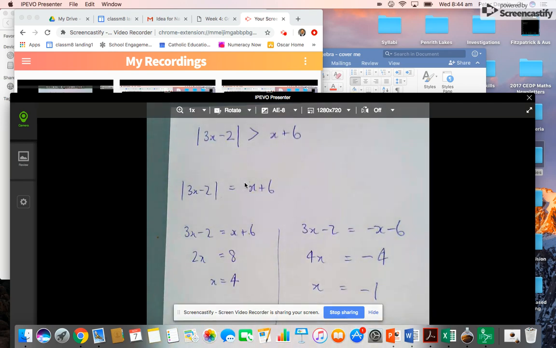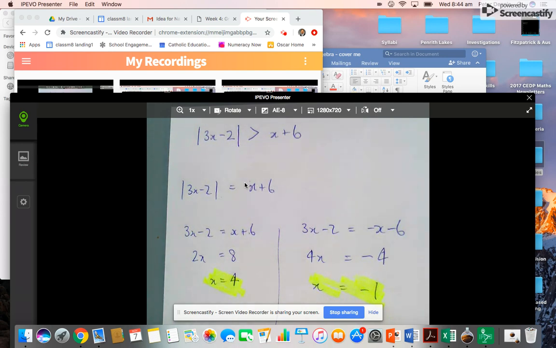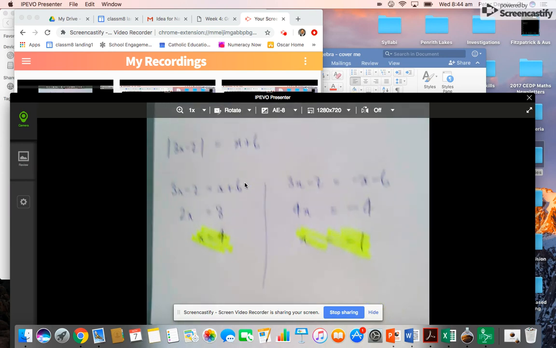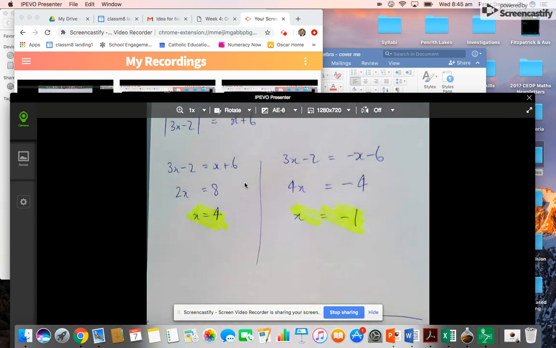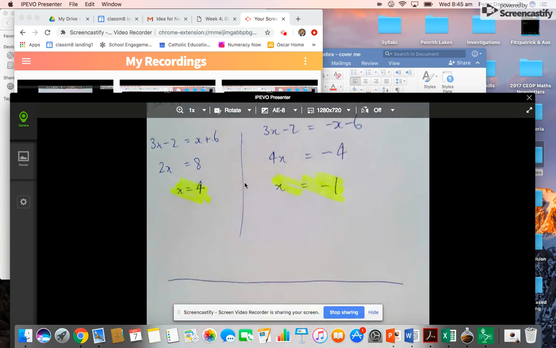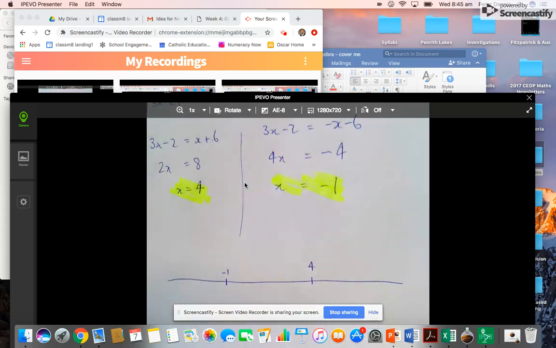So again, these are our critical values. And once we've got those critical values, we can just test them. So draw a little number line again. We've got x equals minus 1 and x equals 4. Test some values.